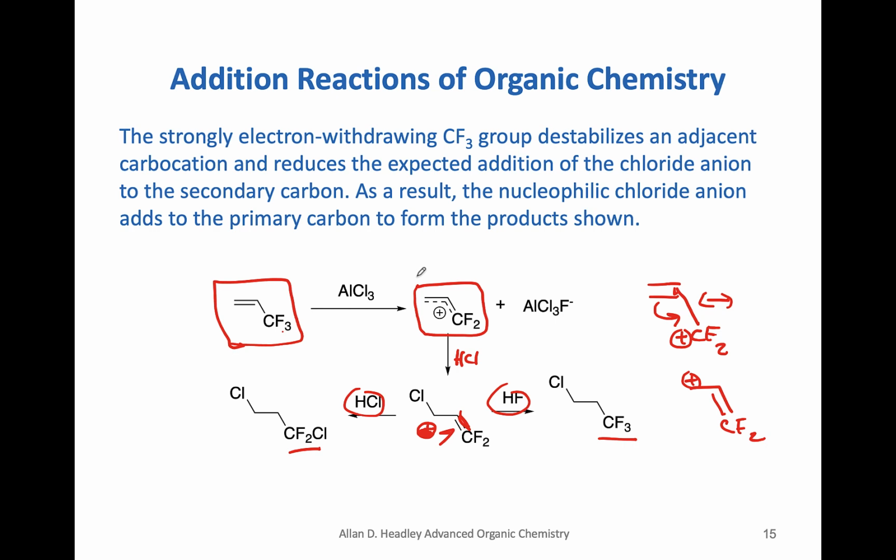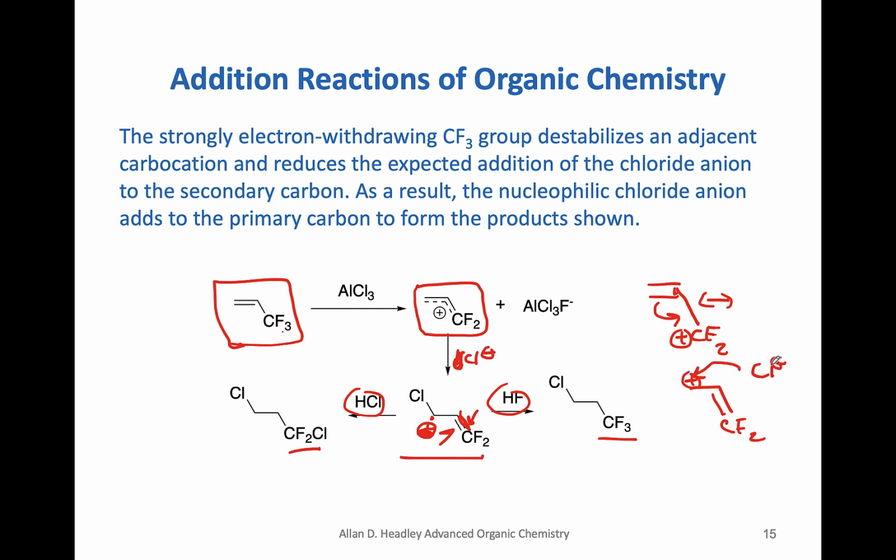Then if you add a Cl to this, you're going to get Cl added here and this. If you add HCl to this double bond here, so again we're just adding Cl minus here, we'll add over to here to get this.